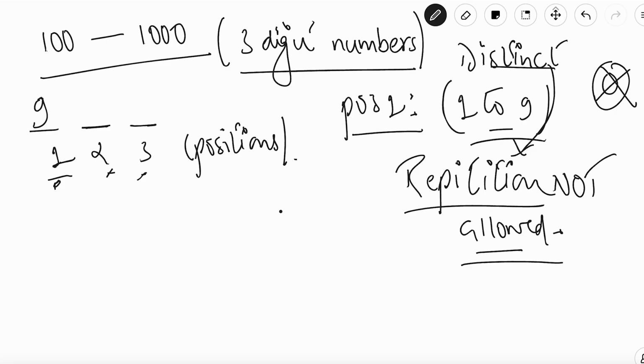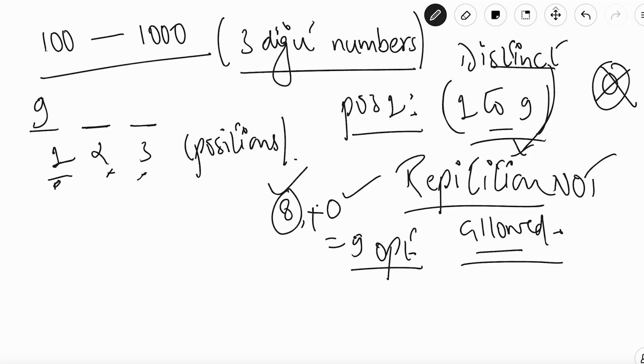From 1 to 9 I am left with 8 options because I've chosen 1, but for position number 2 I can also select 0. So 8 options plus 0 as 1 option, we have a total of 9 options.